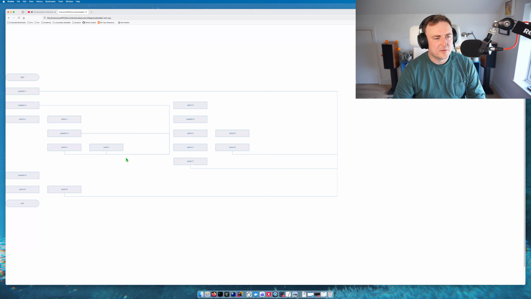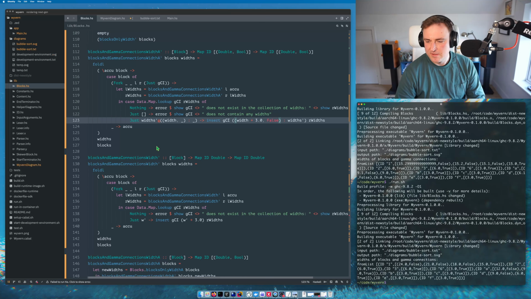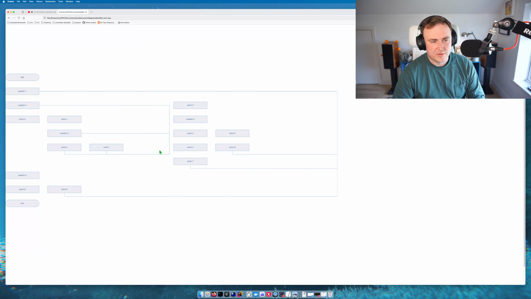A is 1, 2, 3 plus 1 connection somewhere here. So should I be checking the width of question D and question A? Okay. And D is 6 plus 1 connection, that's 9.